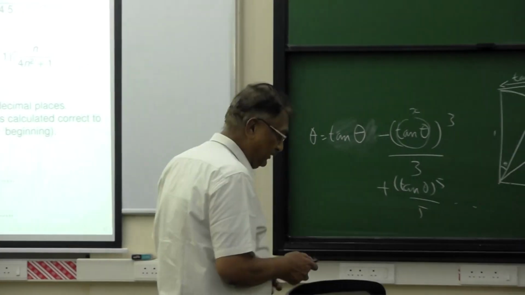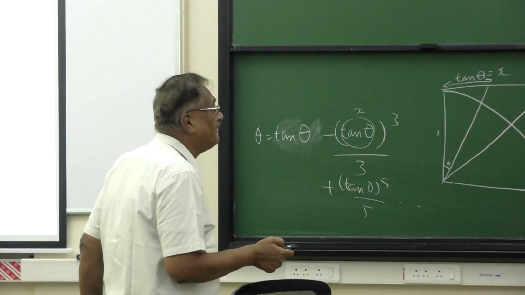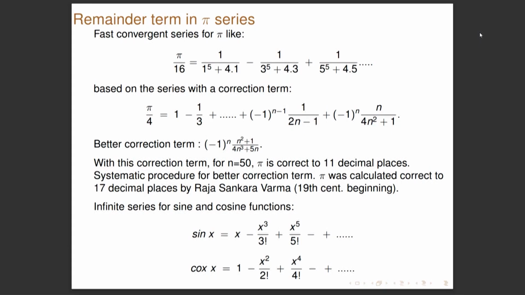So, what they do is this, by some manipulations, they say that you truncate the series here. Truncate the series here, 1 over 2n minus 1. It comes here better, yeah. And then the rest of the terms are summarized in this. So, this is called a correction term.